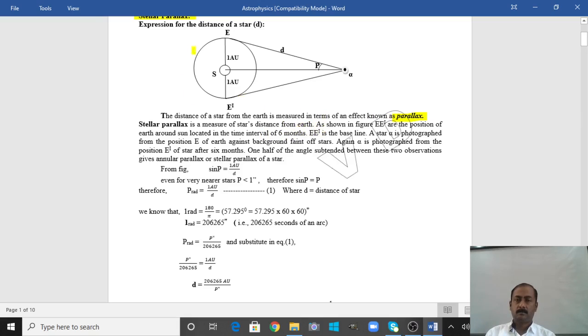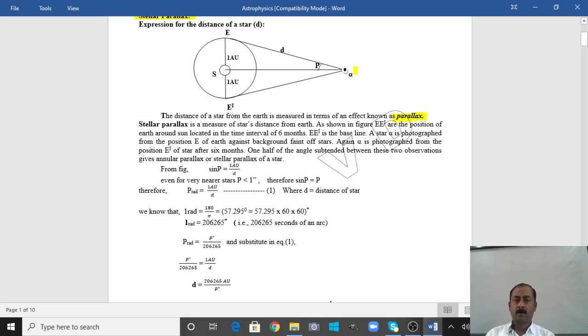Here, shown in figure, E and E dash are the positions of earth around the sun, because earth revolves around the sun in its respective orbit, in a time interval of 6 months. Here, E E dash is the baseline.